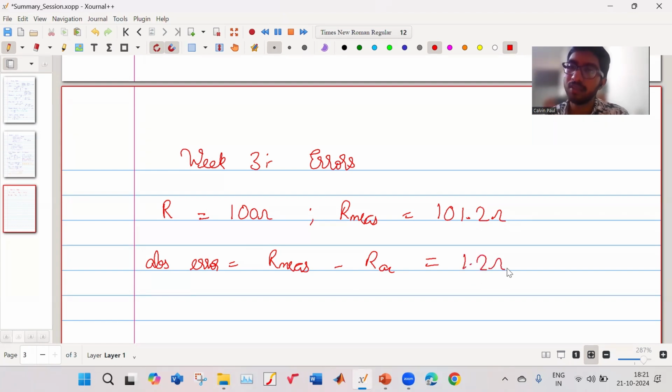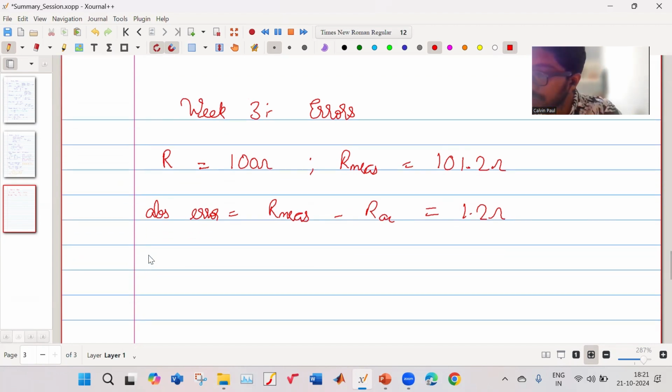But now 1.2 ohm or 1 ohm, how do you know whether the error is large or small? Suppose a rich person is there. If he loses 100 rupees, it is not a problem. But if a poor person loses 100 rupees, it is quite a big problem. So how do we know the seriousness of that error? That's why you use something known as relative error.